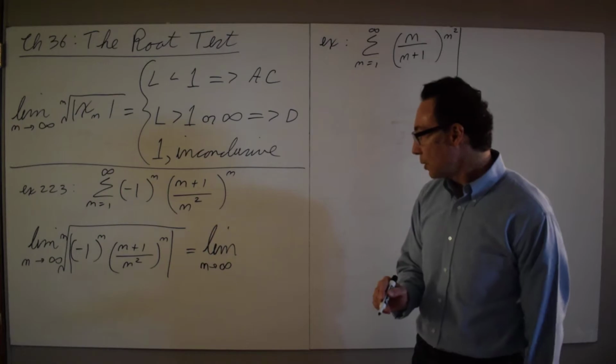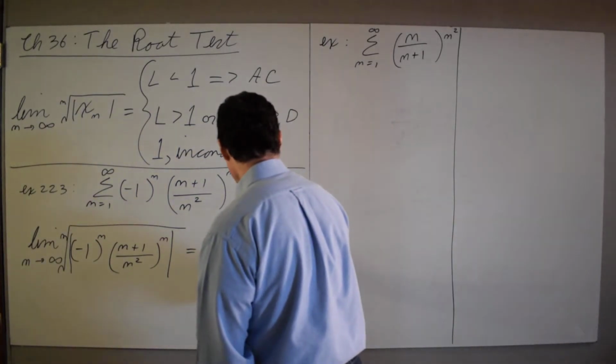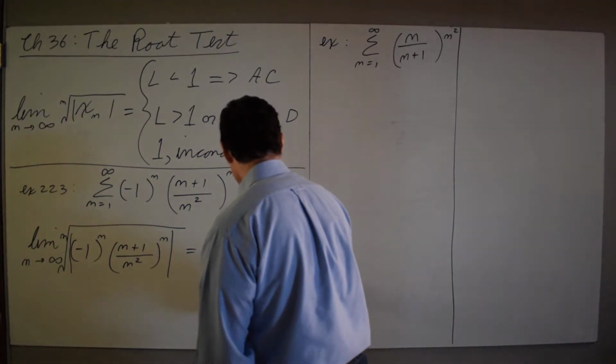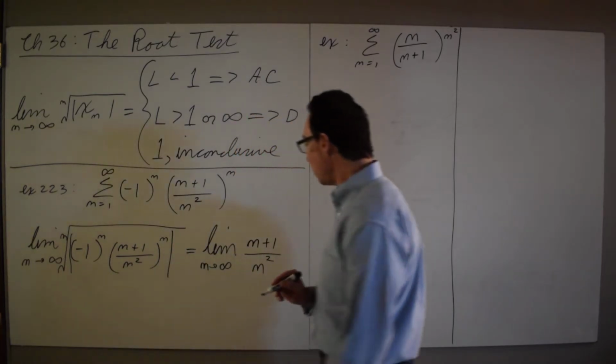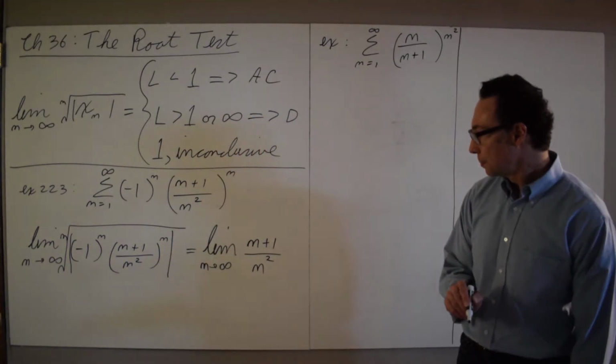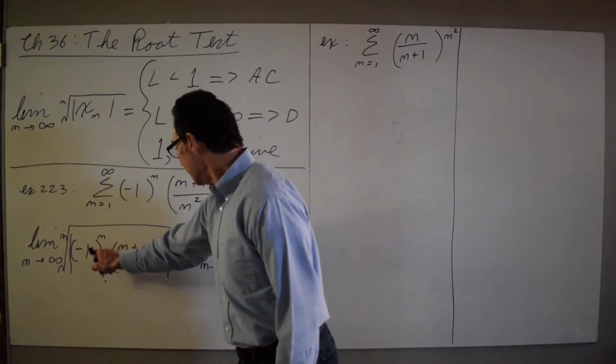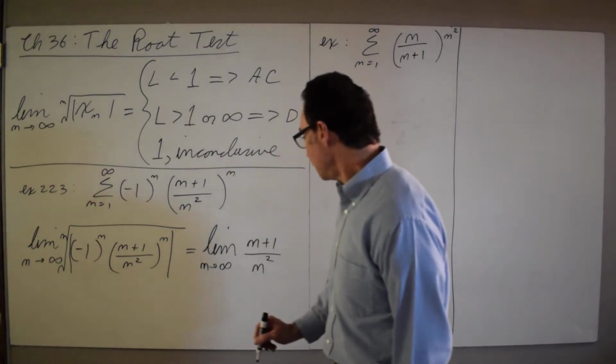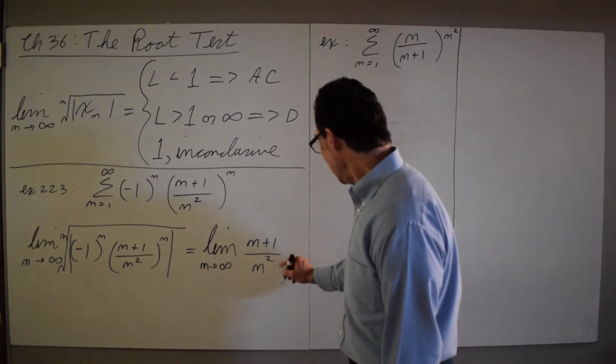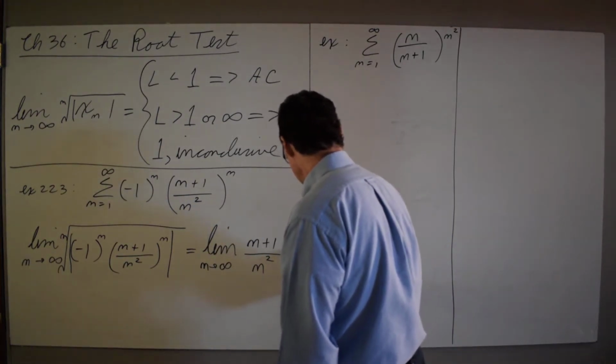This simplifies nicely. We simply have n plus 1 divided by n squared. The absolute value of negative 1 to the n is simply 1. And this limit is 0.